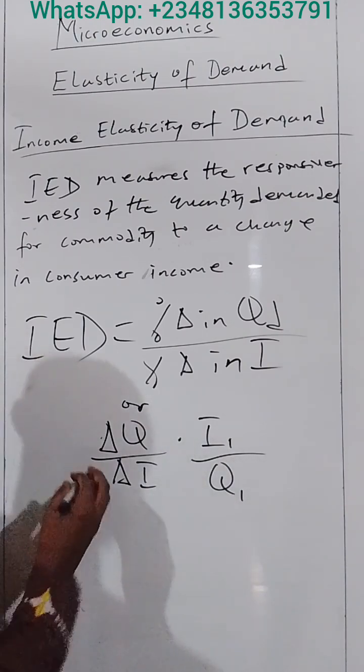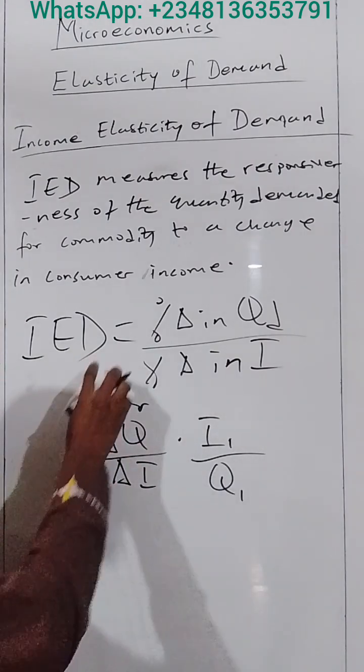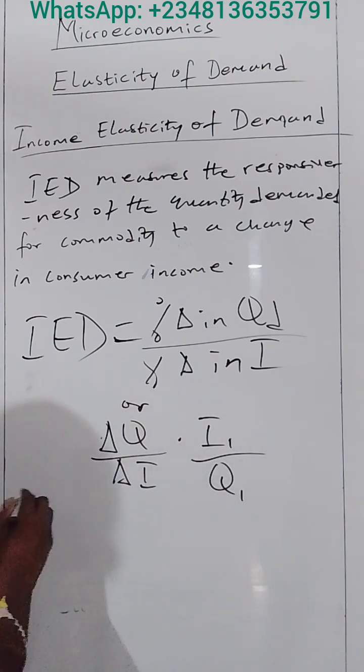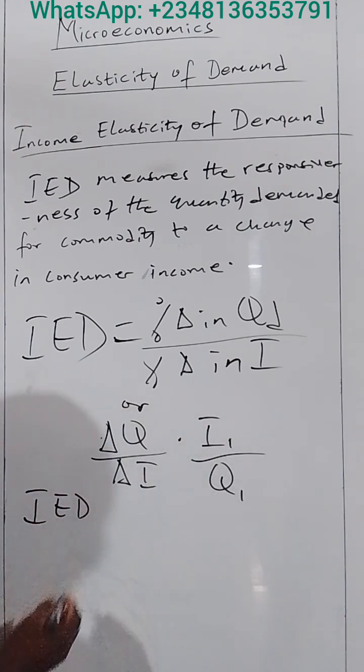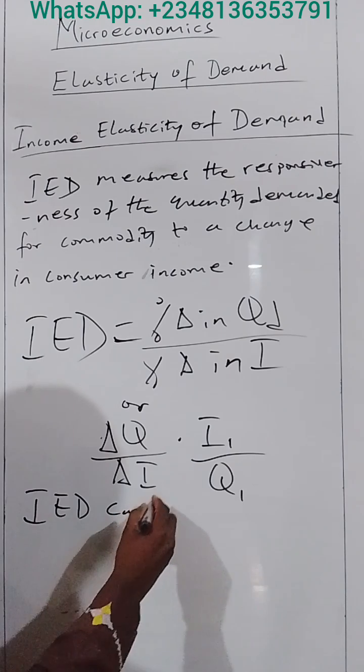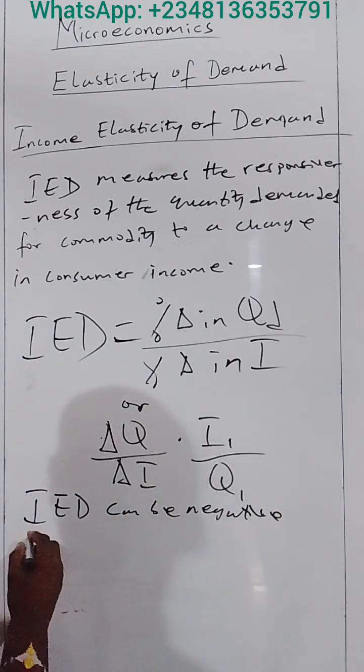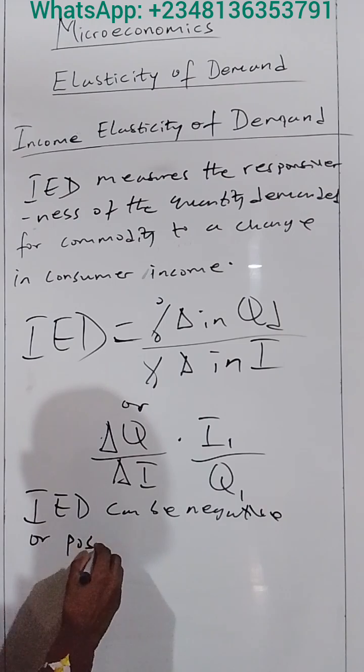Now, the figure, that's the coefficient of income elasticity of demand, IED, can be negative or positive.